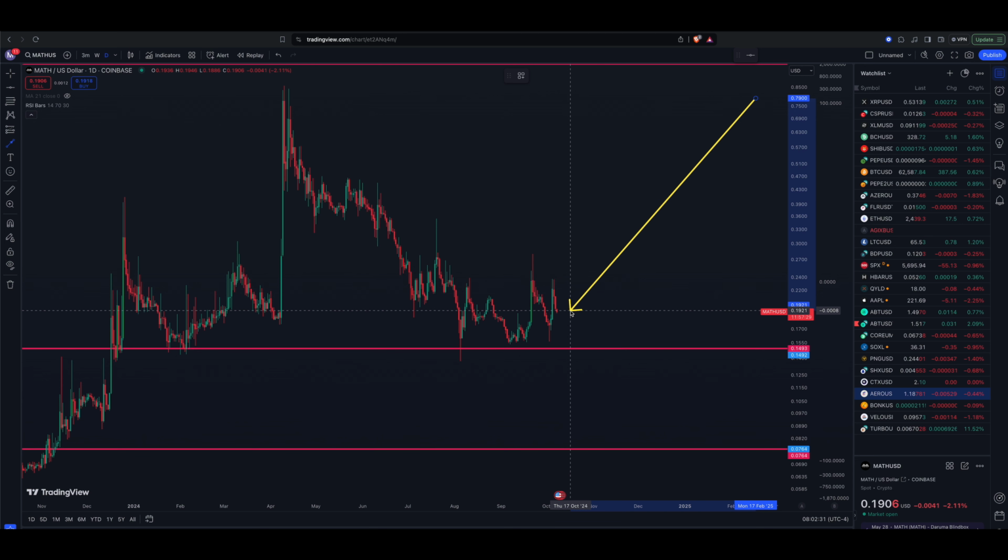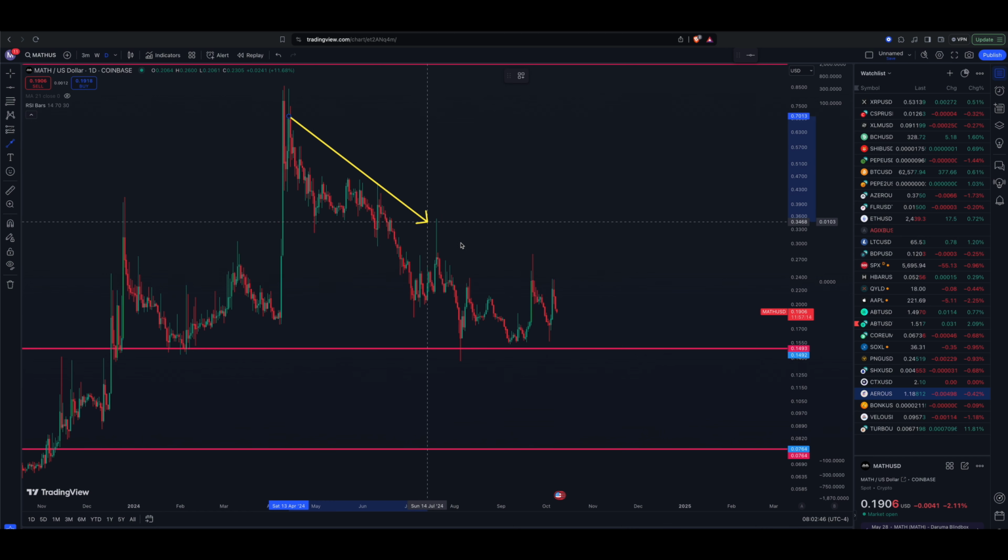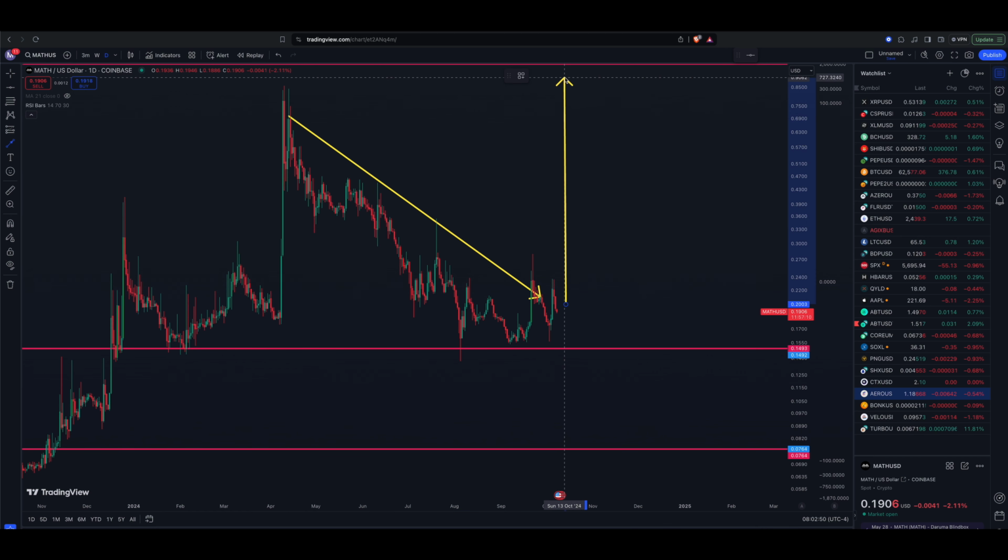Unless Bitcoin really starts to ramp up to the upside, and it just pulled back pretty aggressively in the past couple days here, I don't see any reason why MATH is going to break out to the upside. Saying that, this right here is bullish overall. Obviously a big break to the upside. Again, I don't think that's anywhere close to taking place.